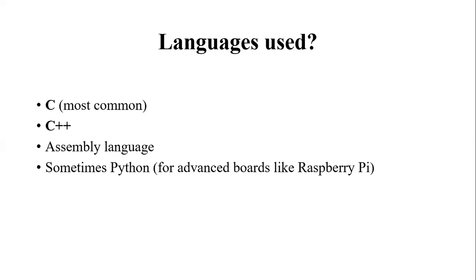So totally four different types: C, very commonly used; C++ to design the files of embedded systems; assembly language; and Python for advanced systems. Is it clear, guys? So these are the languages.